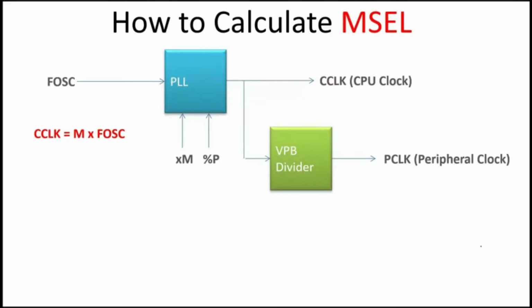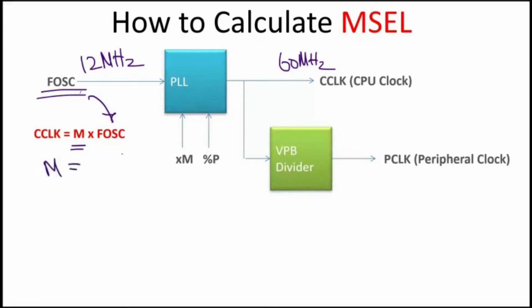How to calculate M select? This is the oscillator output. This oscillator output is 12 MHz. The desired output that I want is 60 MHz. So M is a simple factor. By what factor I should multiply this F oscillator or oscillator clock so that I end up getting 60 MHz. So what is the value of M?